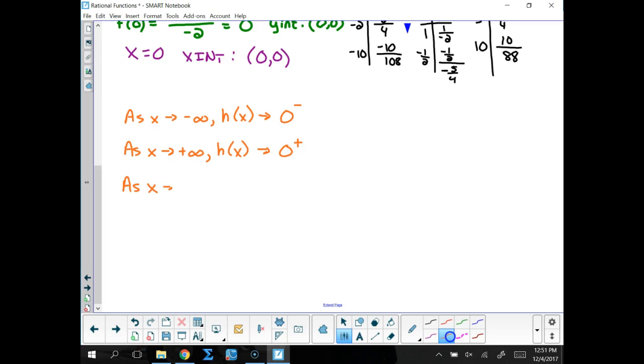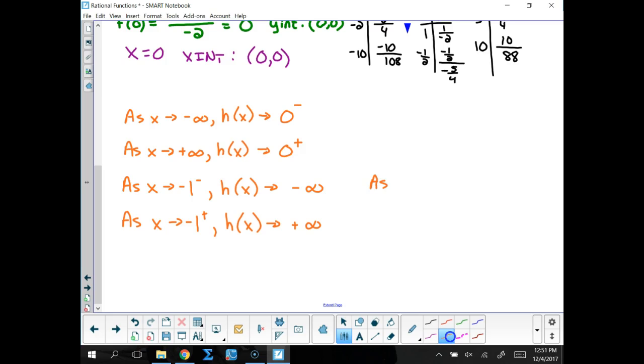Then we've got two asymptotes. As x approaches negative 1 from the left, what's h of x doing? And as x approaches negative 1 from the right, what's h of x doing? Left side, negative infinity. Right side, positive infinity.